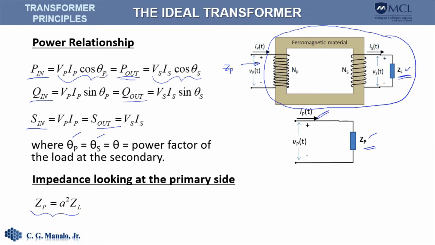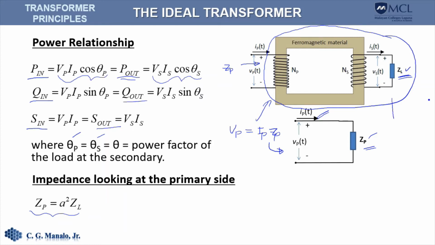So how did we derive that relationship? Take note that in the primary, we have this relationship from Ohm's law: the voltage on the primary must equal the current that goes to the primary times Z sub P. So this is a simple Ohm's law.